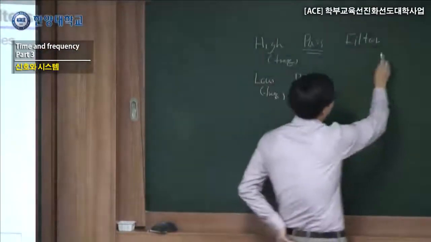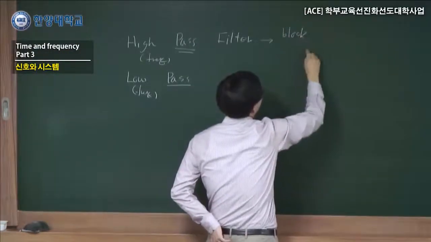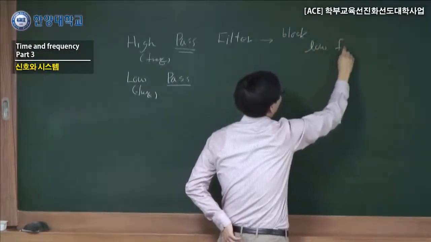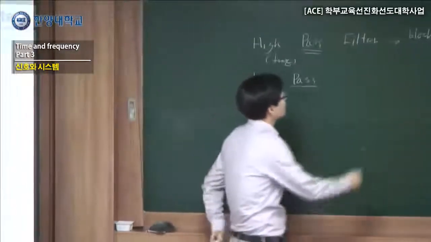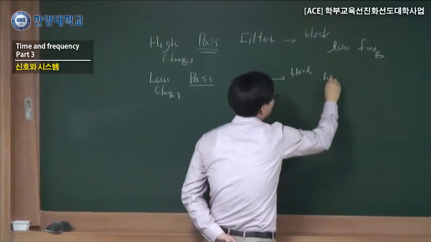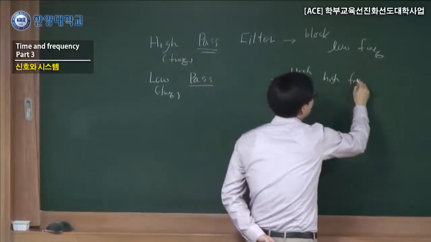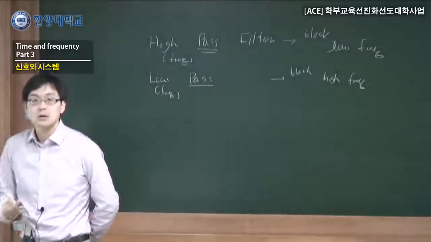That means in case of high pass filter, they block low frequency signals. In case of low pass filter, they block high frequency signal. So let's talk about some filters now.